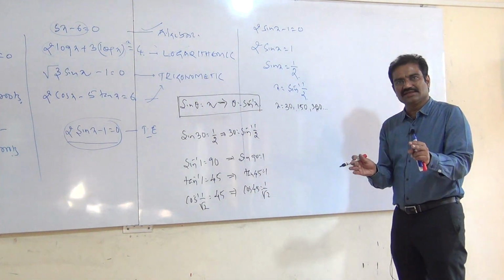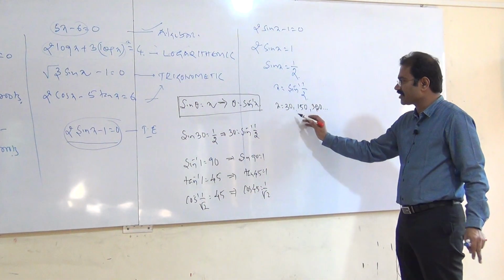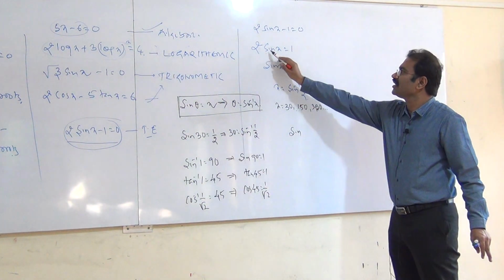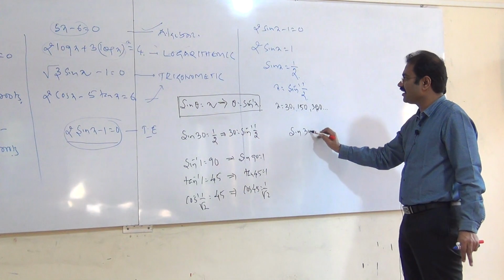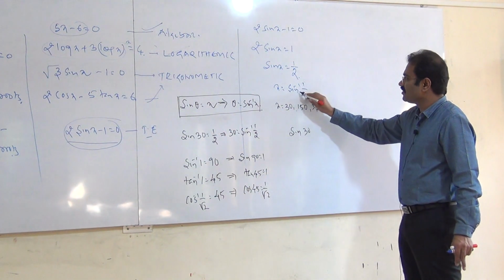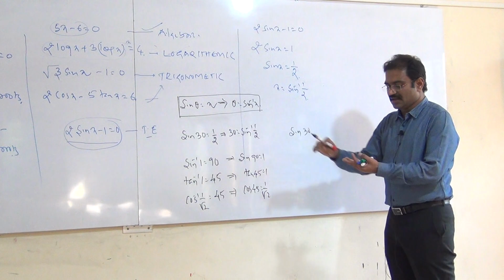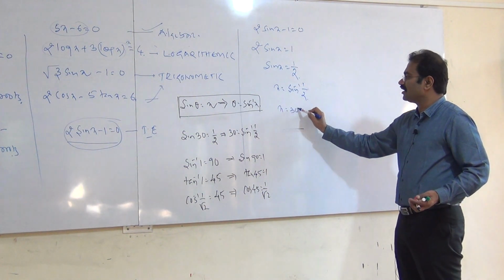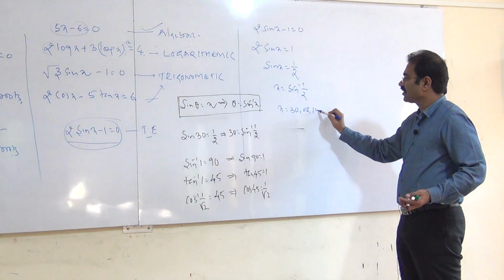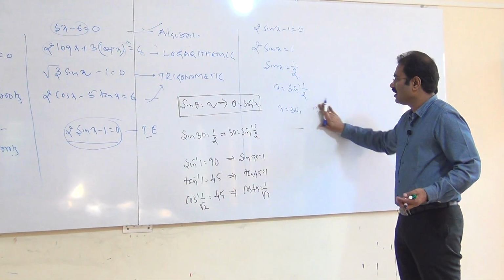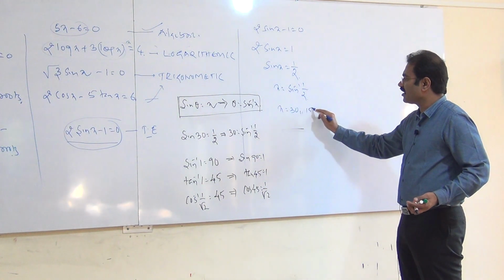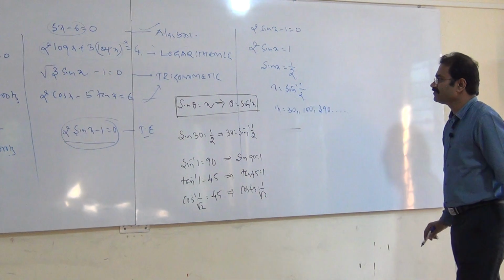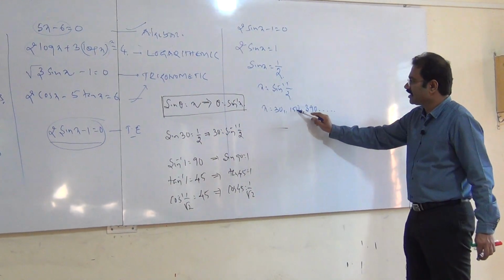Then the question arises whether they are correct or not. Let us check sine 30. It should satisfy this equation. So what I am telling is, for sine inverse of 1 by 2, x may be 30 or 150, or 390, and so on.